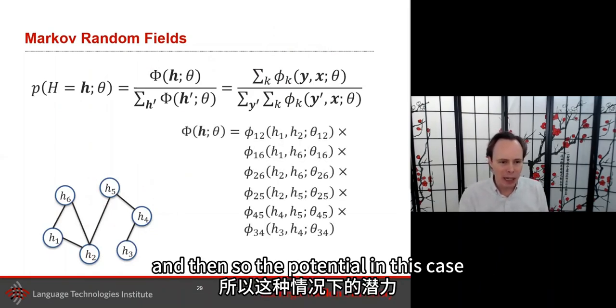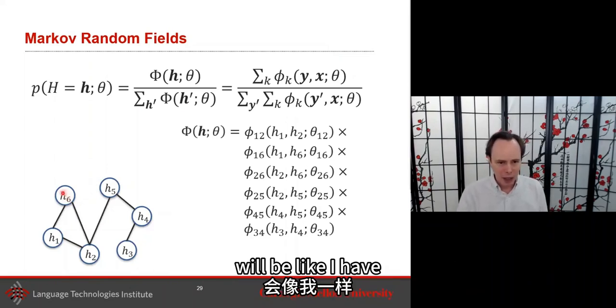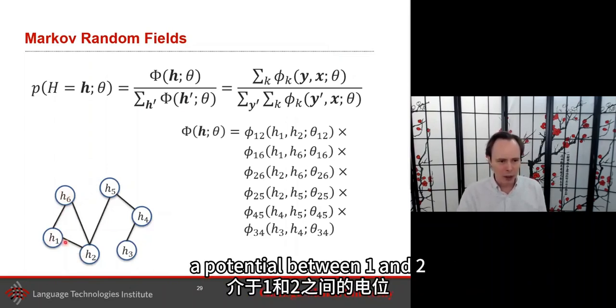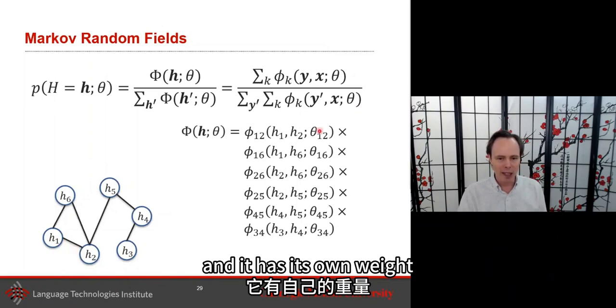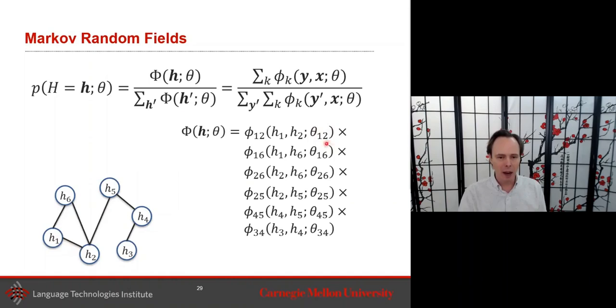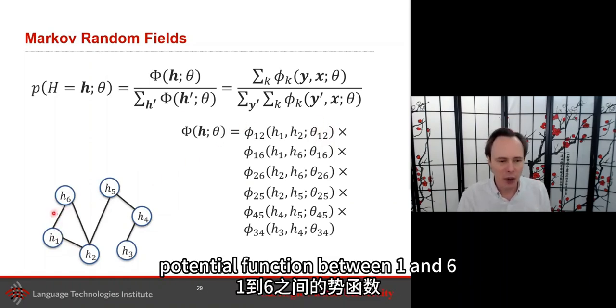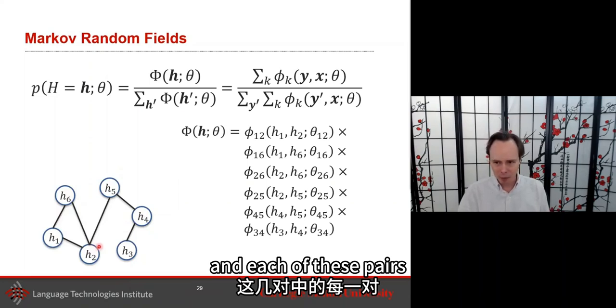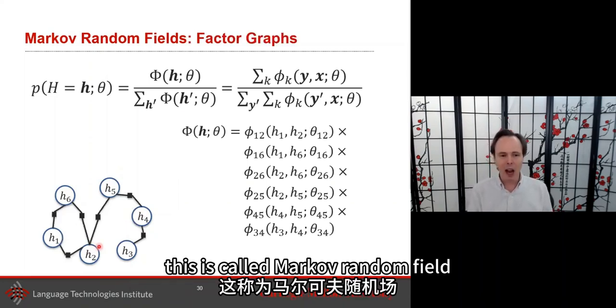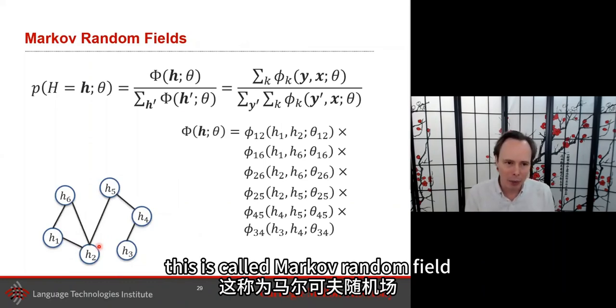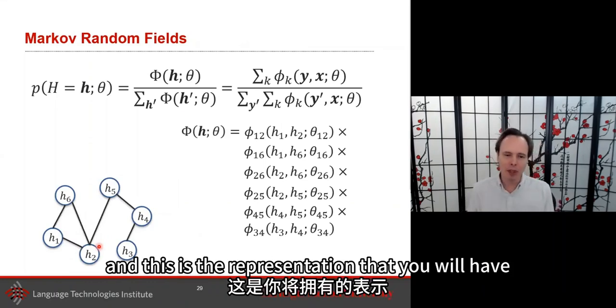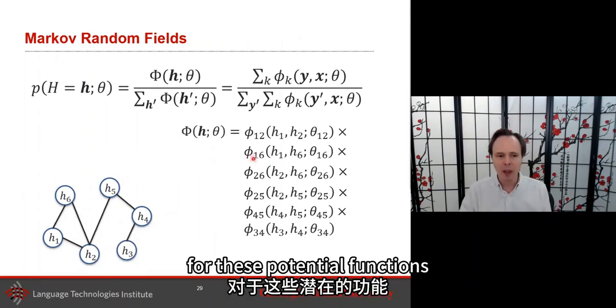So the potential in this case will be, I have a potential between 1 and 2, and it has its own weight, its own parameters. I will define a potential function between 1 and 6, and each of these pairs. This is called a Markov random field, and this is the representation that you will have for these potential functions.